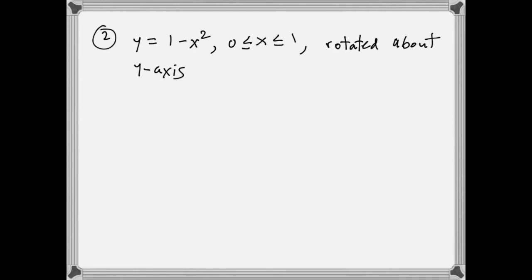Okay, so which formula are we going to use? Well, we're rotating it around the y-axis, so we know that this is going to be the integral of 2 pi x ds. However, you notice that everything is still in terms of x.